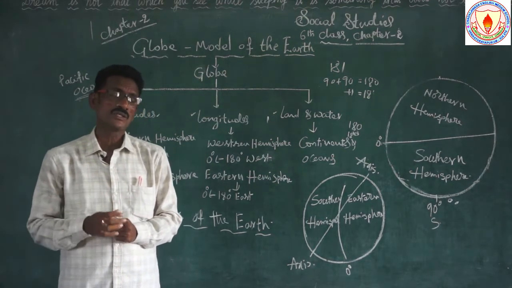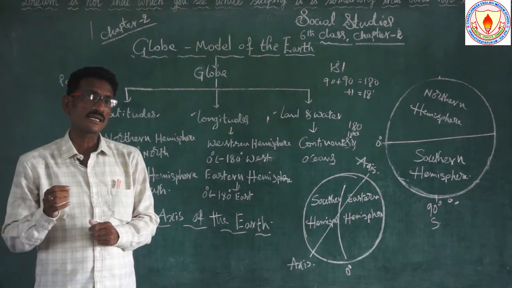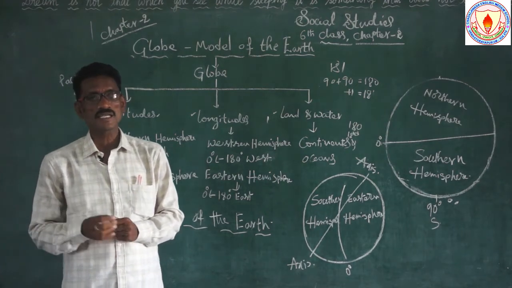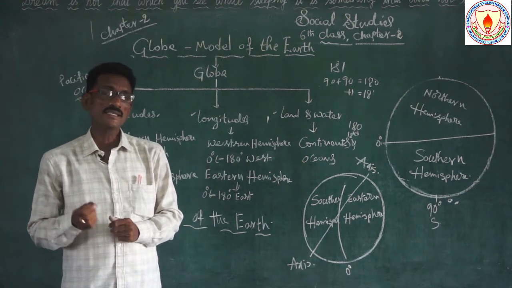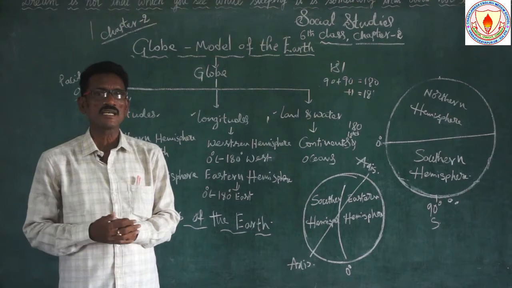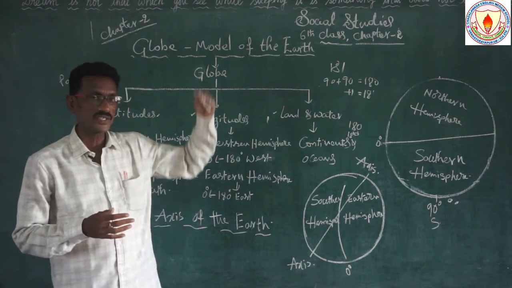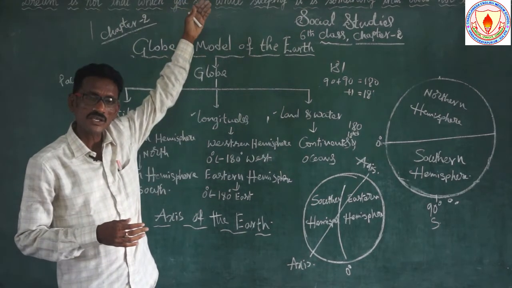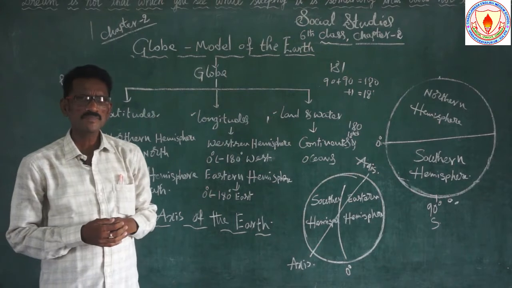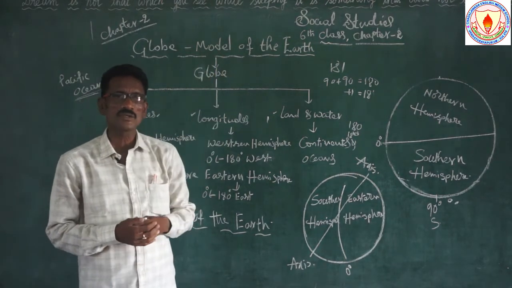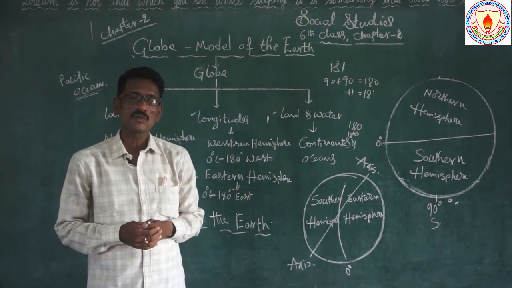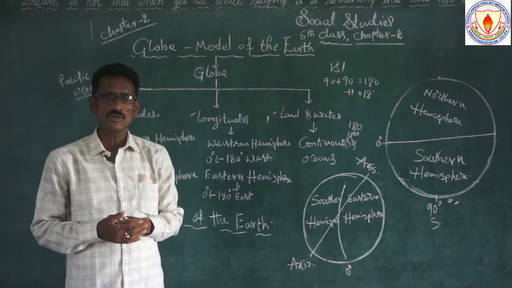It is also called the Antarctica Ocean. The smallest ocean is the Arctic Ocean, which is located in the north of the world map or the globe.